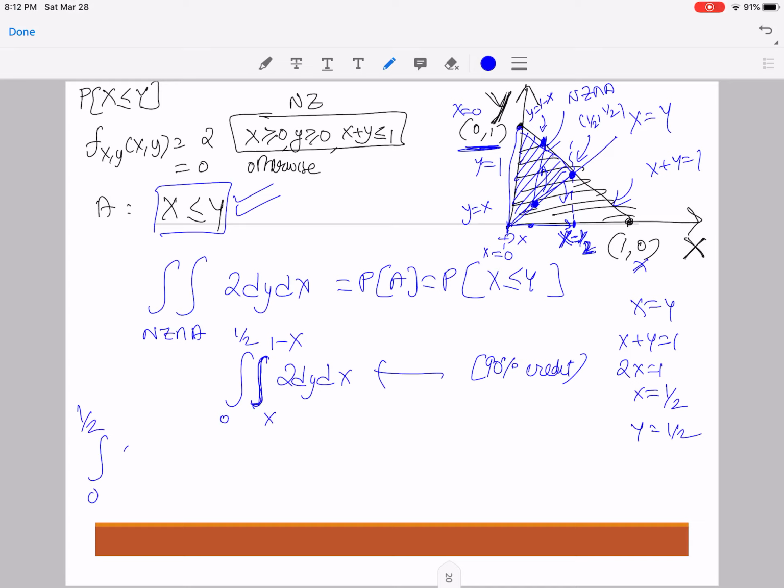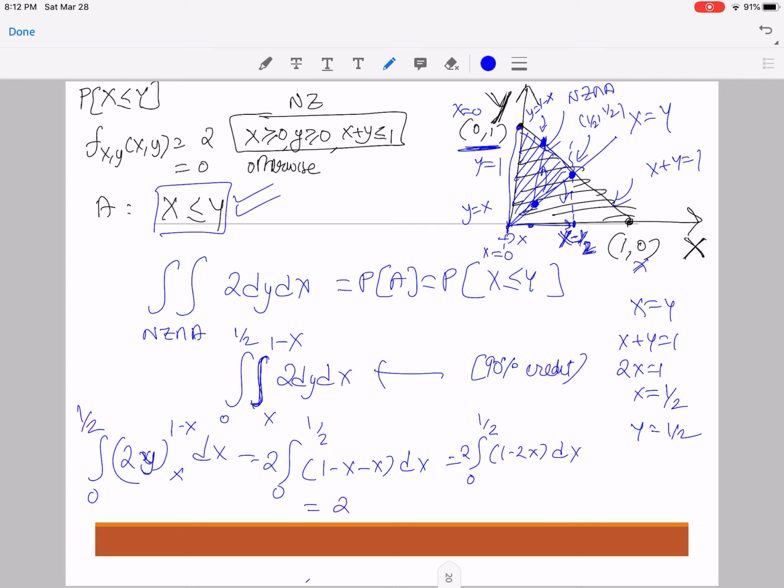So when I evaluate this integral, I get y, and the limits are from x to 1 minus x. When I plug in 1 minus x, I get 1 minus x. When I plug in x, I get negative x. So this gives me the integral from 0 to 1/2 of (1 minus 2x) dx.